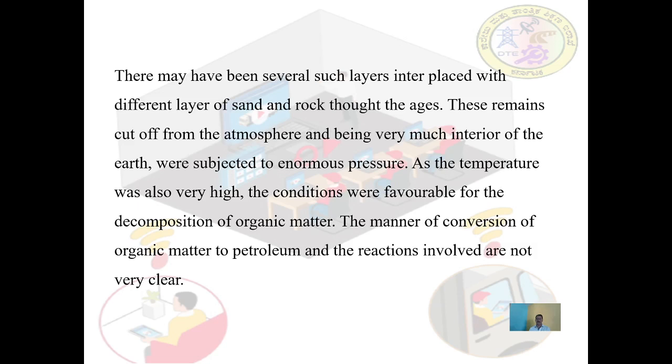The manner of conversion of organic matter to petroleum and the reactions involved are not very clear.